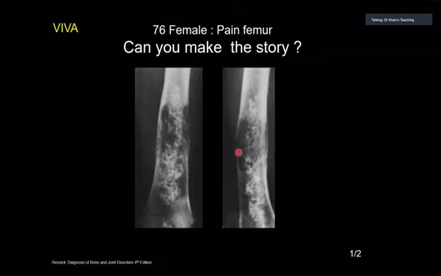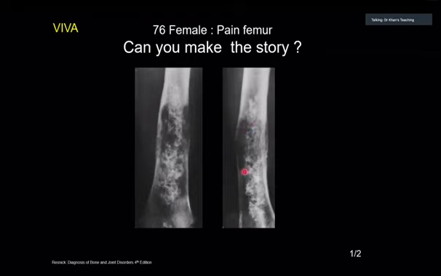When there is scalloping, you have to use this word: endosteal scalloping. Please remember 2 words. Endosteal scalloping means something is sitting in the medullary cavity and causing scalloping of the cortex. Periosteal scalloping will be something sitting outside and causing scalloping.